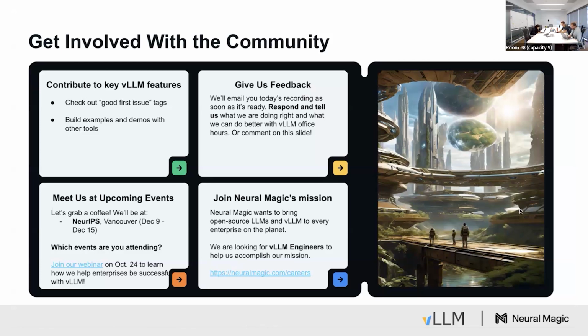I just have a quick question for Lily. It looked like the way people were choosing draft models was they were just going to Hugging Face and trying to find a usable one.